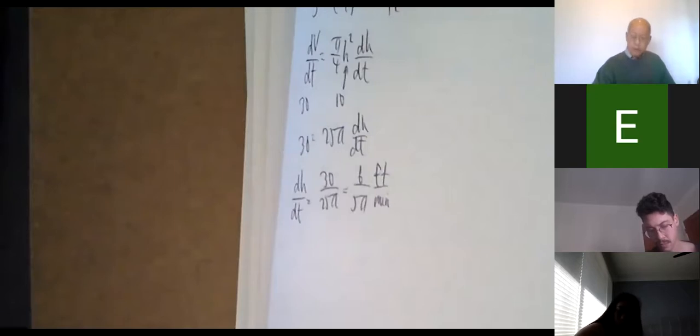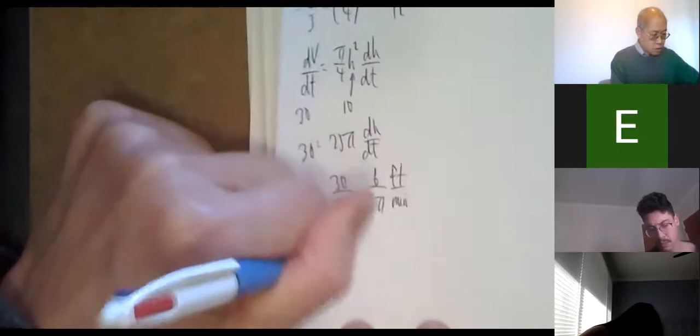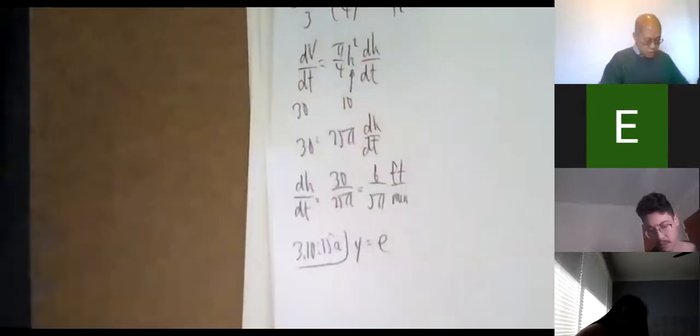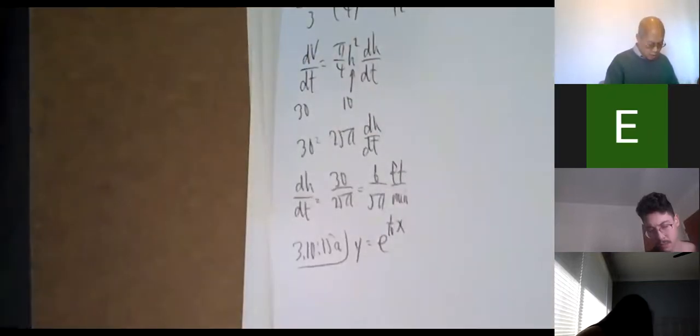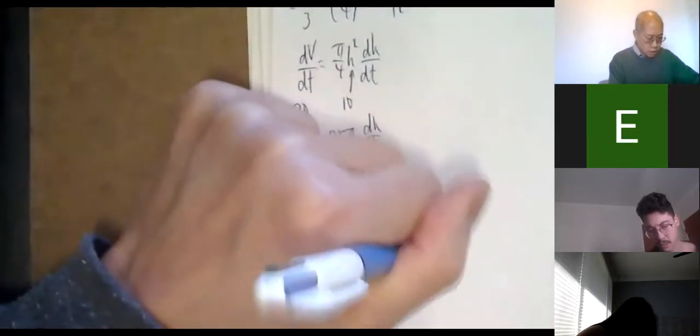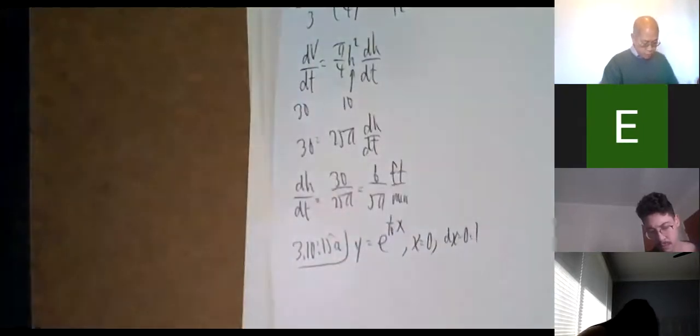3.10, 15a. Y equals e to the x over 10. It says x over 10. I'm going to treat it as 1/10 x. x equals 0, dx equals 0.1.